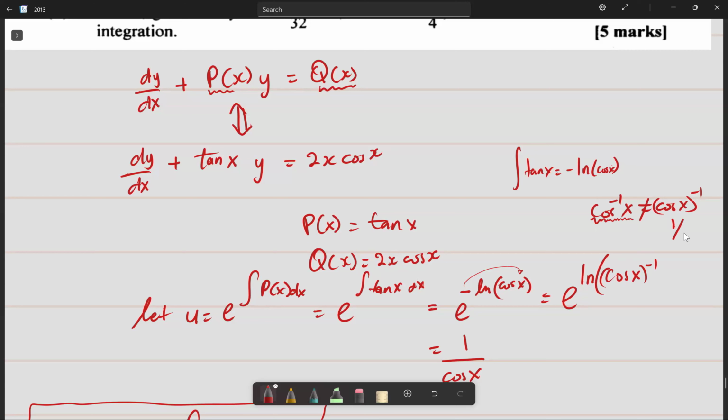This is 1 upon cosine of x. So this is now rewritten as cosine of x all to the power of -1. Make it very clear that it's not the same thing as inverse. If you write that, no matter what else you write, you get the question wrong. This is not the same thing. Very important.